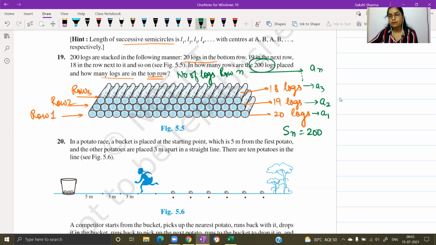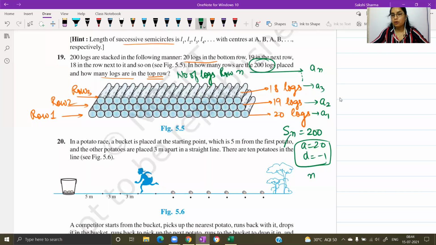From the values here, looking at the number of logs in the successive rows, this is an arithmetic progression with the first term as 20 and the common difference as? -1.